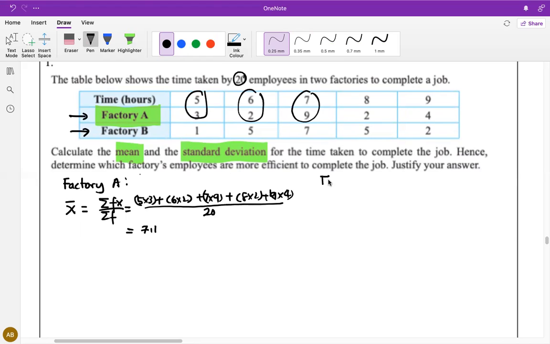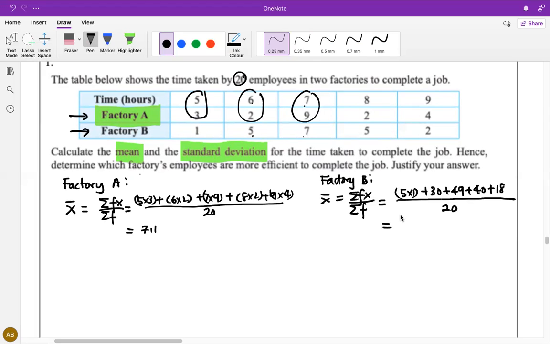For factory B, the mean uses the same formula, the sum of fx divided by the sum of frequency, so it's also over 20. Above is 5 times 1, 5, and then 5 times 6, 30, 7 times 7, 49, 8 times 5, 40, and 9 times 2, 18.